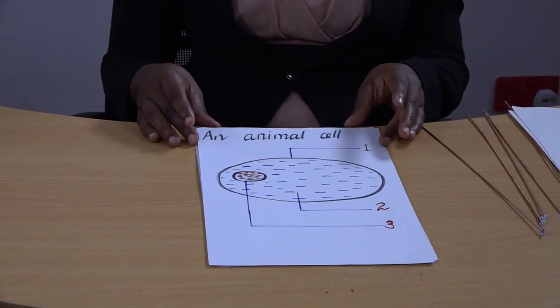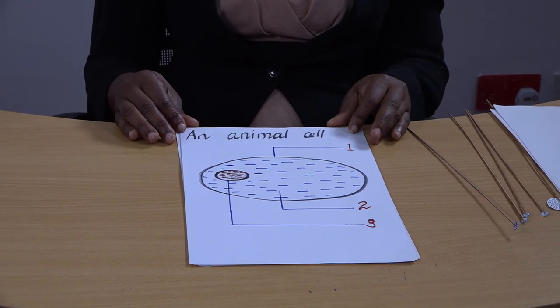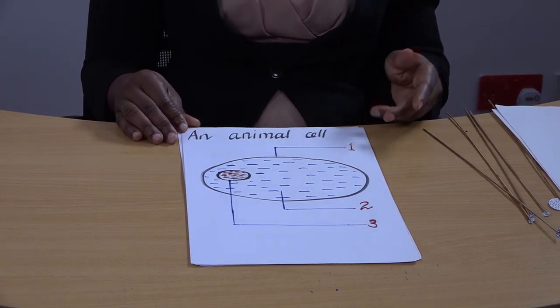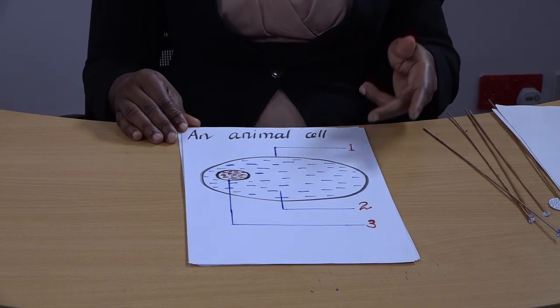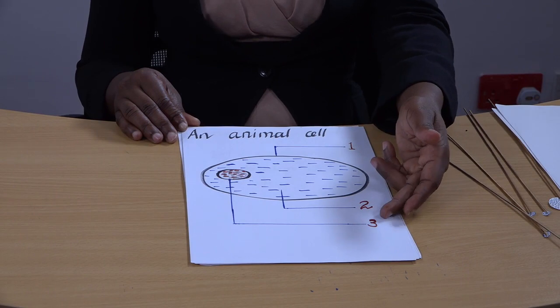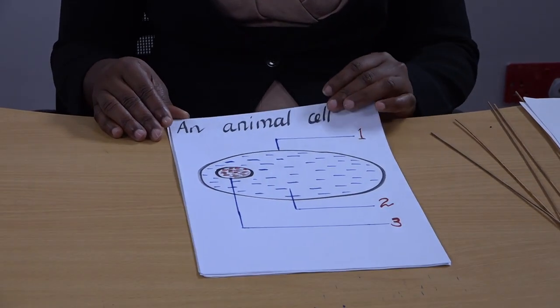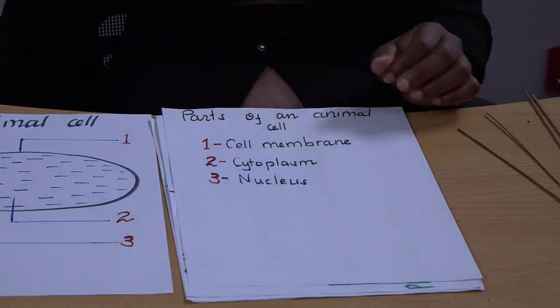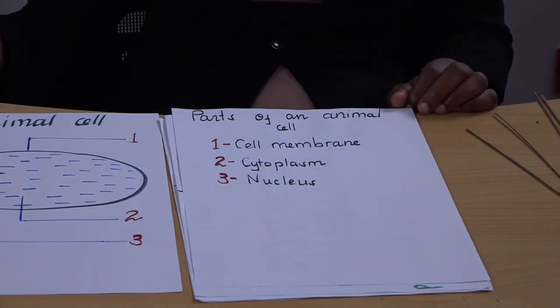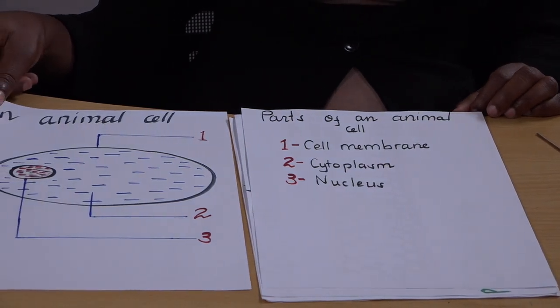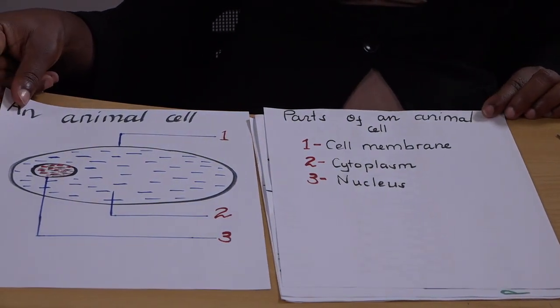Imagine this is an animal cell with three basic parts. We have part labeled 1, part labeled 2, and part labeled 3. Number 1 represents the cell membrane, number 2 is the cytoplasm and number 3 is the nucleus.